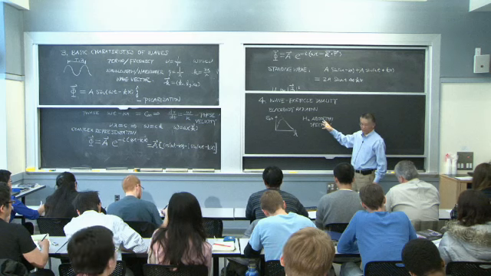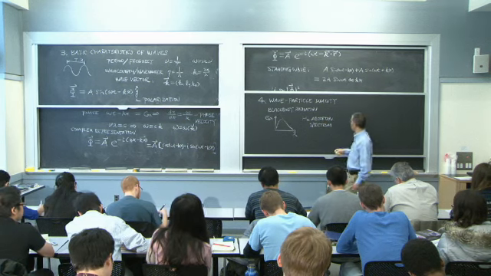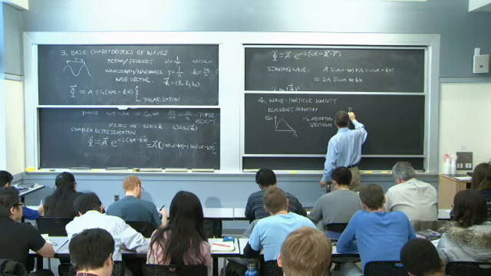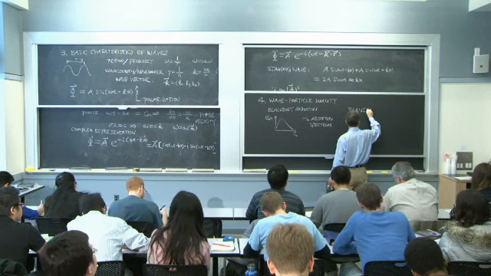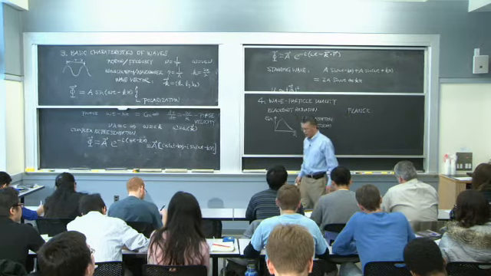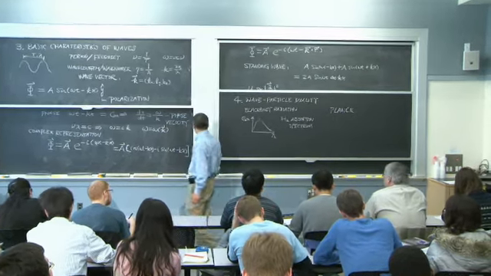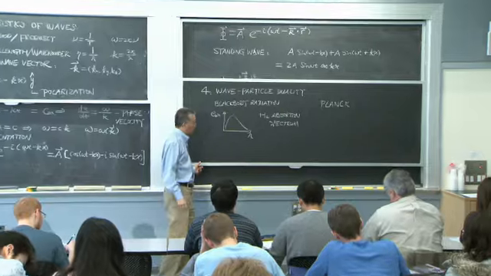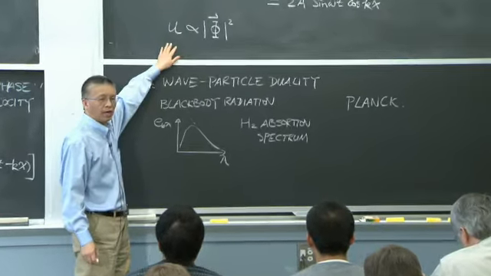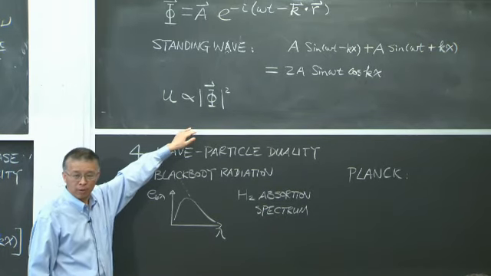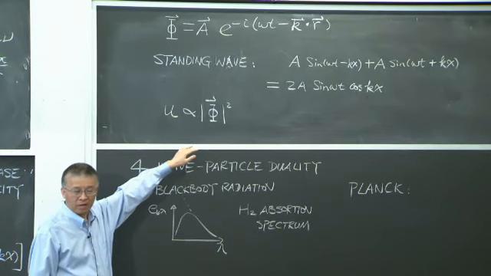And it was Planck that first introduced a radical concept. When we talk about an electromagnetic wave, we say the energy is proportional to amplitude squared. It's a continuum.